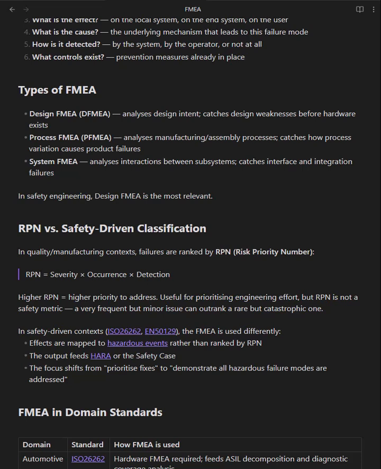It catches design weaknesses and things that slip through the cracks at the early stage of design. And this is done mainly before we even start putting in the hardware and assigning these functions to hardware themselves. So we look at the failure modes from a functional perspective. And then process FMEA considers the manufacturing and assembly failure modes at that level.